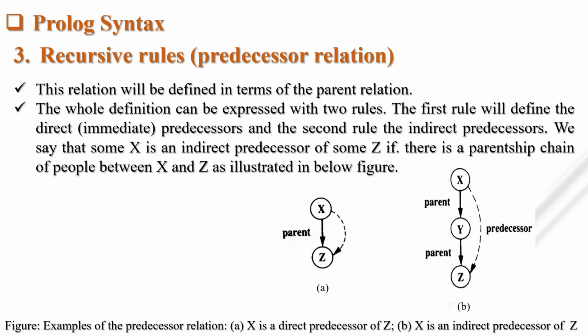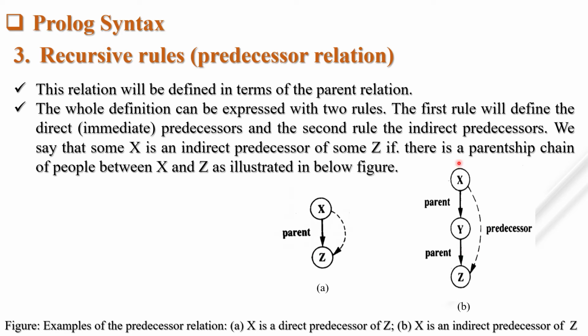So the next one is the recursive rule, that is also known as the predecessor relation. This relation will be defined in terms of the parent relation. The whole definition can be expressed with two rules. The first rule will define the direct, that is immediate, predecessor, and the second rule the indirect predecessor.